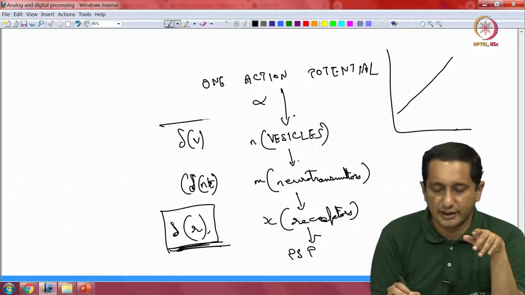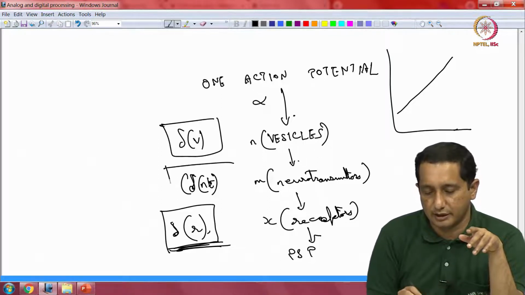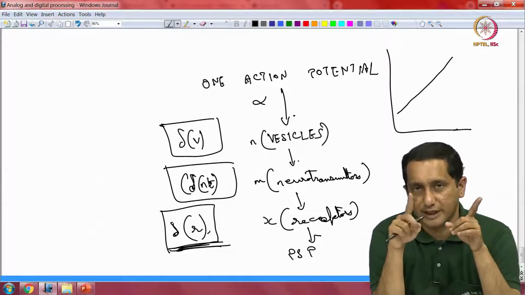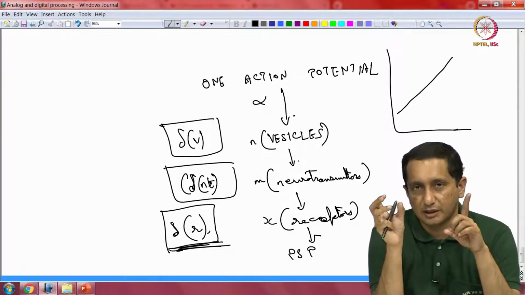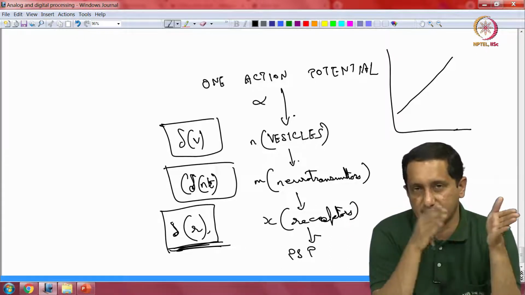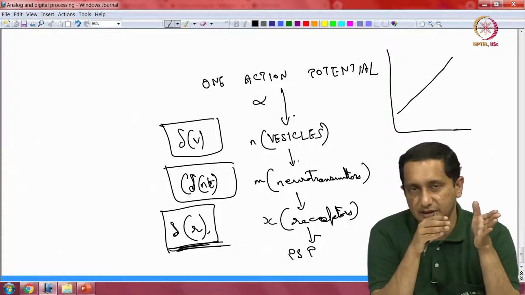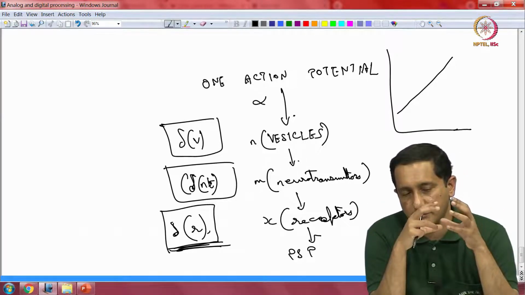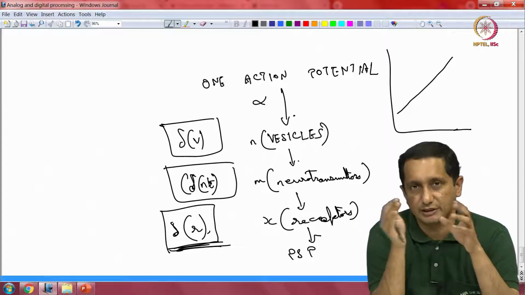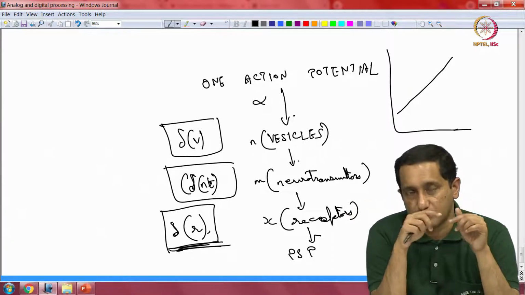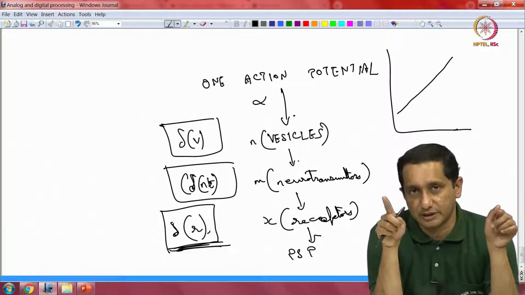So, these are the ways in which you can have changes. They do not happen signal to signal, that is, one action potential comes and a fixed quanta of vesicles changes, but repeated signaling causes changes in the number of vesicles, the amount of vesicles which release neurotransmitters, and neurotransmitters which can act on receptors. Postsynaptic sensitivity can be changed.